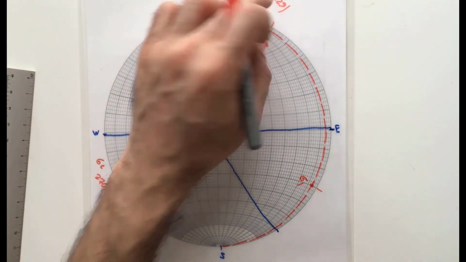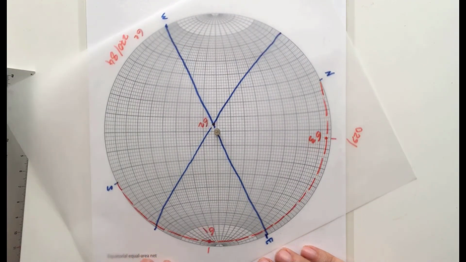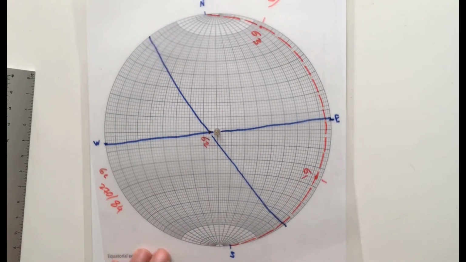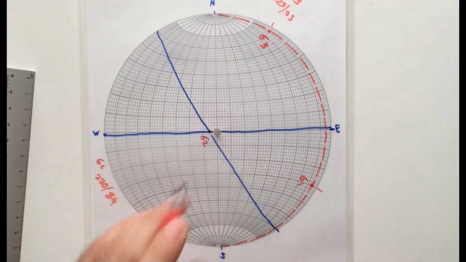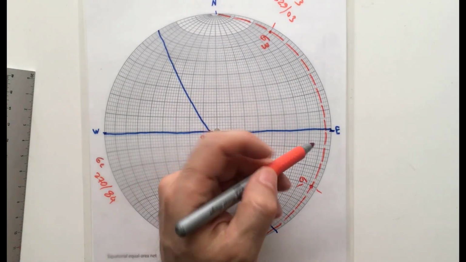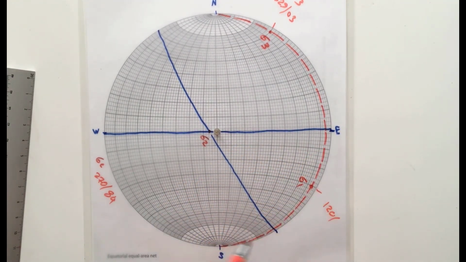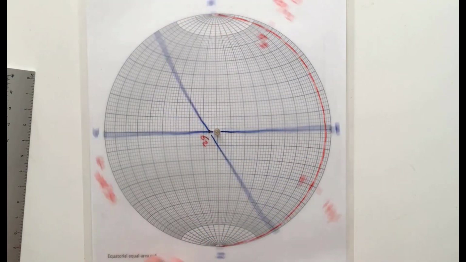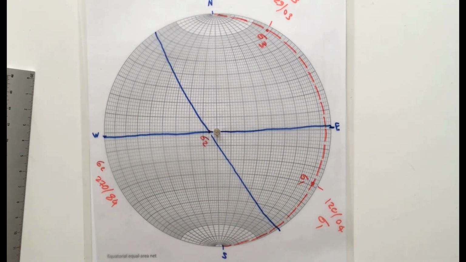Put a three-digit number for the trend, and the plunge is just 3 degrees, right? 03, this is for sigma 3, and sigma 1 is 90, 100, 110, 120 slash 4 degrees. 04 degrees, that's for sigma 1. Alright, we are done with this problem.